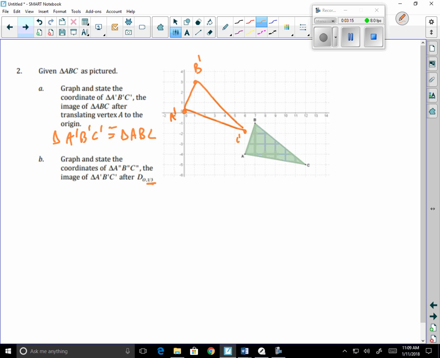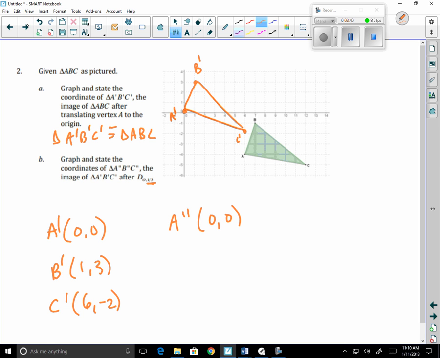All right, so we should have somewhere stated A prime is 0, 0. We should have B prime stated as 1, 3. And we should have C prime stated as 6, negative 2. If I dilate that by 1/3, A double prime becomes 0, 0 still.